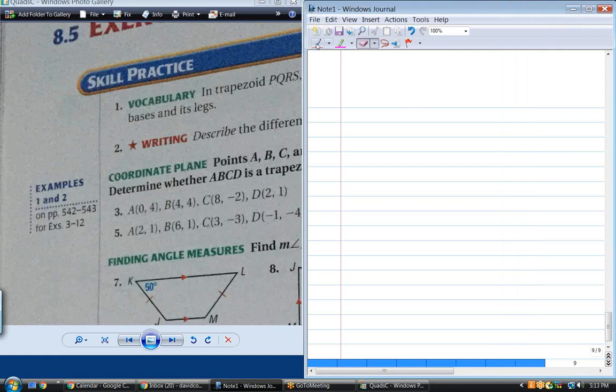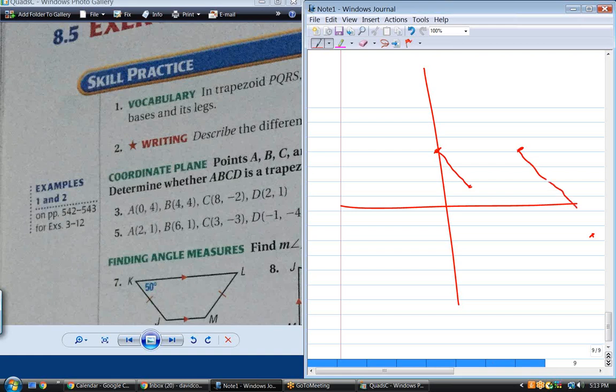If I plot these points, 0, 4; 4, 4; 8, minus 2; and 2, 1. Connect the dots. Is that a trapezoid? Nope.